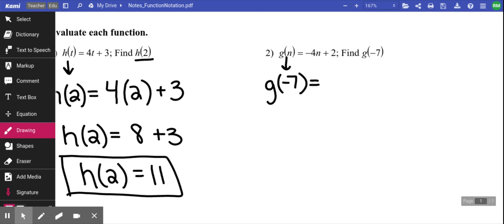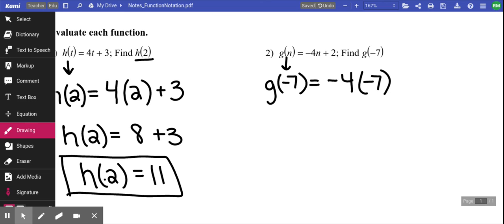Now we have -7 instead of n. Okay, so instead of n now, wherever we see an n, we're going to replace it with what? -7.